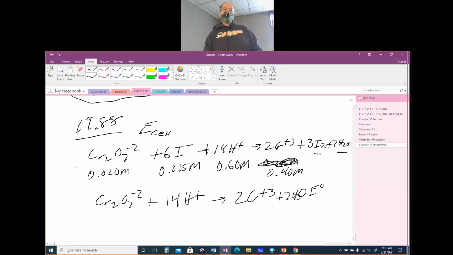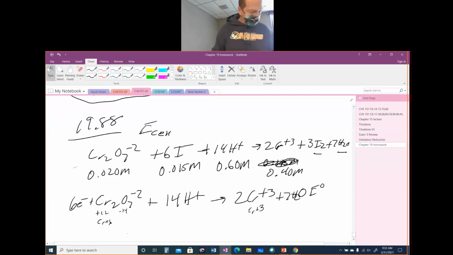Except you will have electrons, because here you have minus 14, you've got a plus 12. So each Cr is plus 6 on this side. Each Cr is plus 3 on this side. All right, and so you have 3 electrons per chromium. You're doing that twice. And so this is on table 19.1, but that's why it has 6 electrons here for that reduction. So that one's right off the chart.